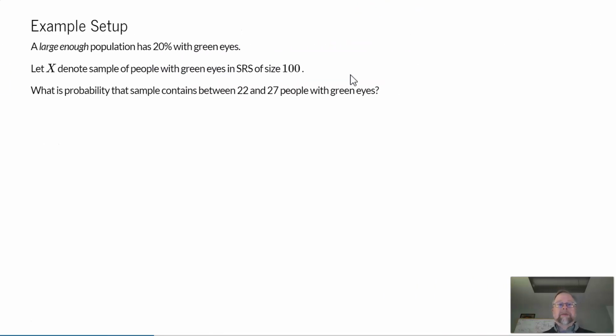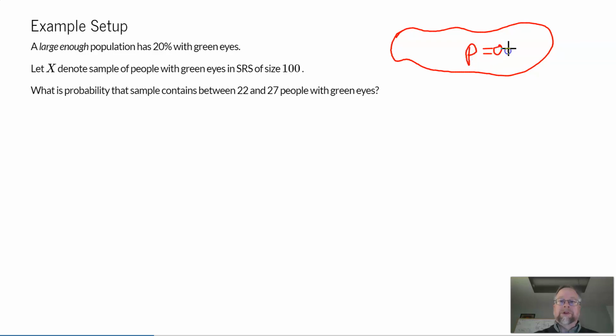So let's look at an example. We have a large enough population, and 20% have green eyes. X is going to denote a sample of people with green eyes. There's our 20%.